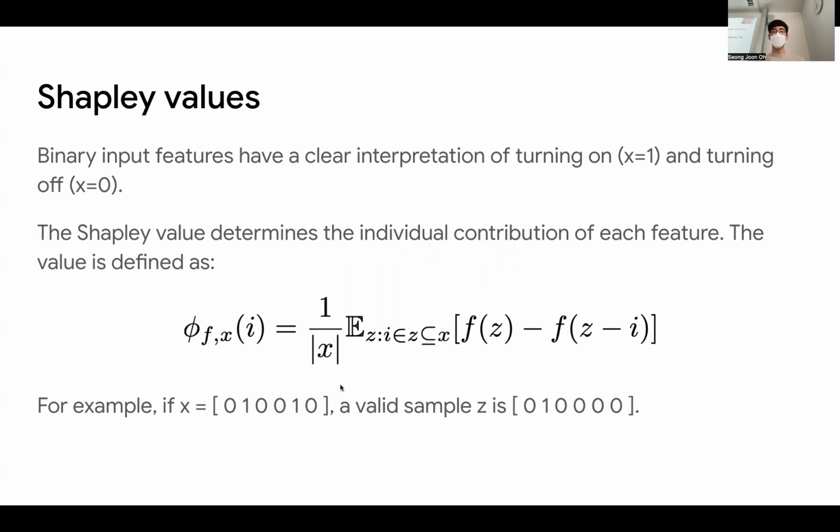So the size of x indicates the number of features in the input, and I is the feature index. And you're taking the expectation over different subsets of x. Z is a subset of x, where Z should actually include I.